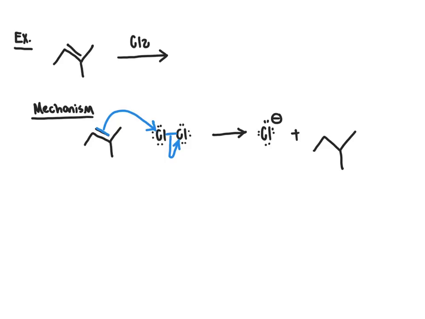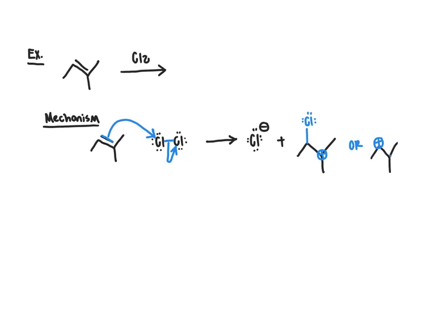could form a bond to either the carbon on the left, like so, leaving a carbocation right here, or it could form a bond to the carbon on the right, putting our carbocation at the second carbon of the chain. So, carbocation there, and chlorine atom here as an alternative.